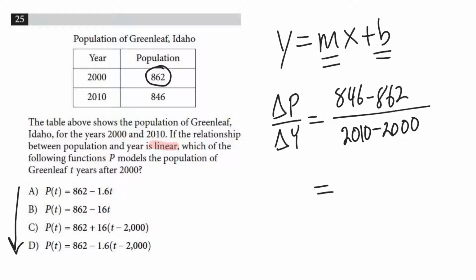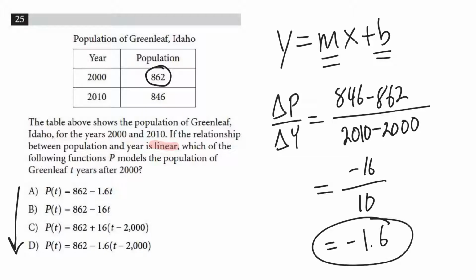All right, so we've got negative 16 over 10, so that's going to be negative 1.6. Looks like the population is decreasing by 1.6 per year.